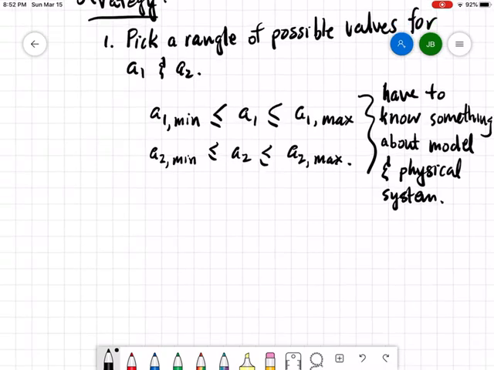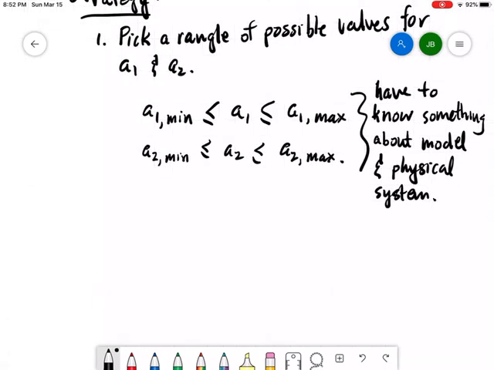So there might have to be some thought about what the appropriate range of values for each parameter might be. Maybe we'll come back to that point in just a second. Let's first fully develop the strategy. So step 2 is to pick a step size. We'll have to pick a step size for each parameter, delta A1 and delta A2.